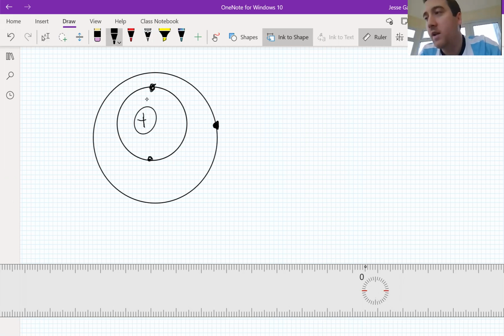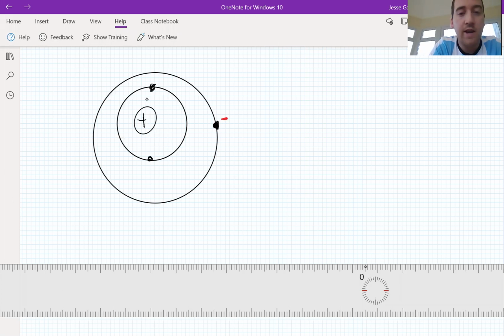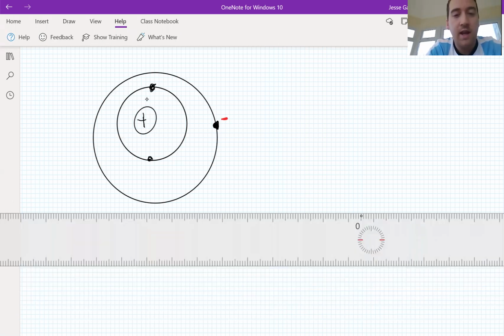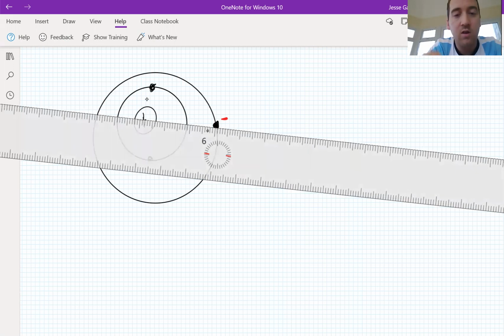Now, why can't this electron head off and go wherever it wants? Why does it stay in this general region in the second energy level? Well, electrons in the outer shell are kept attached to their atom due to the attraction they have for the nucleus. Because electrons are whizzing around, remember electrons are negatively charged, they have an attraction to the positive nucleus.